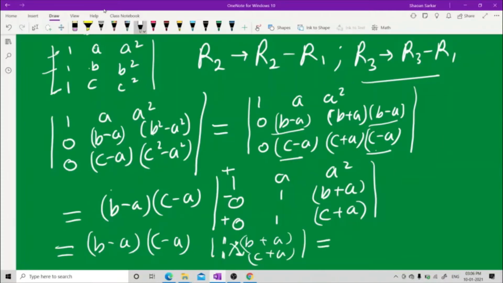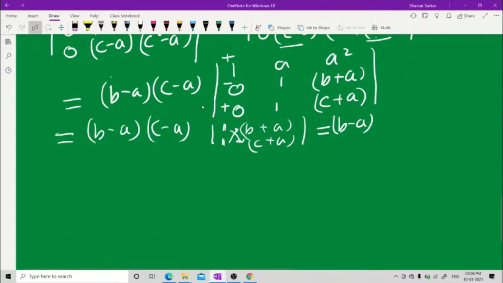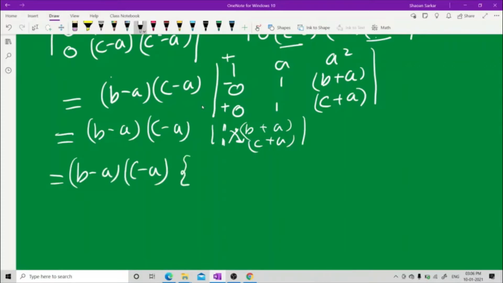So now what you get is b minus a. Let me take a little more page. Yes, b minus a, c minus a. Let me write it here. B minus a, c minus a, then now cross multiply, put a bracket, c plus a minus b plus a.